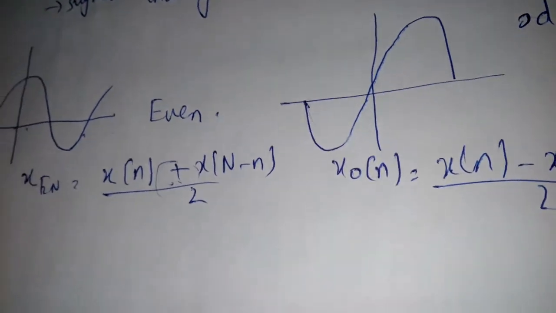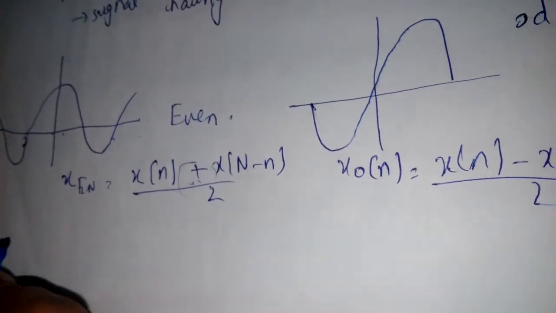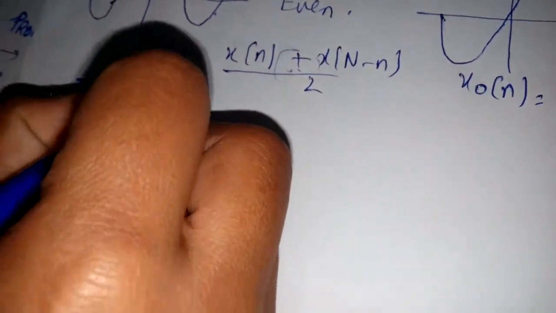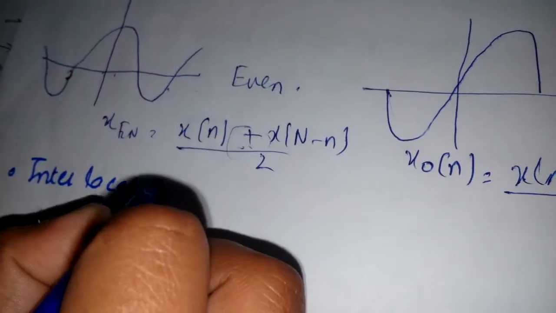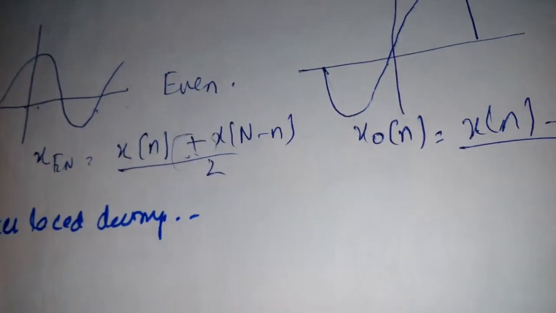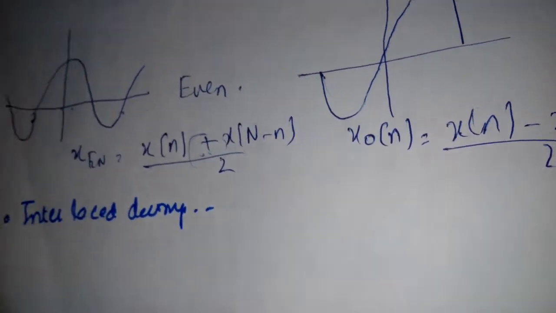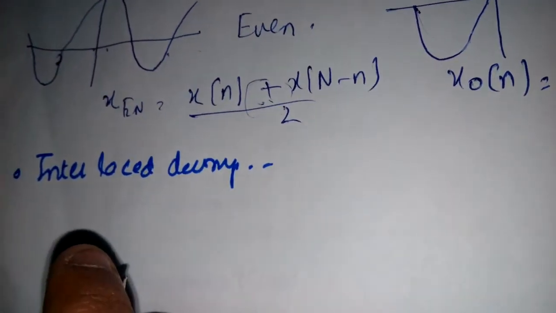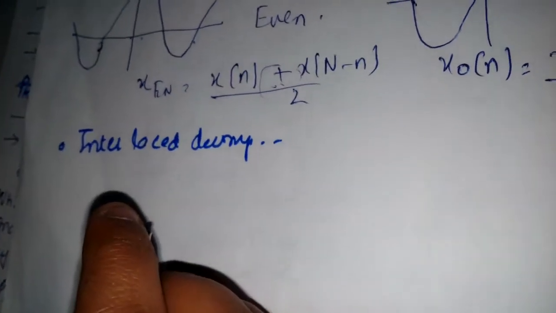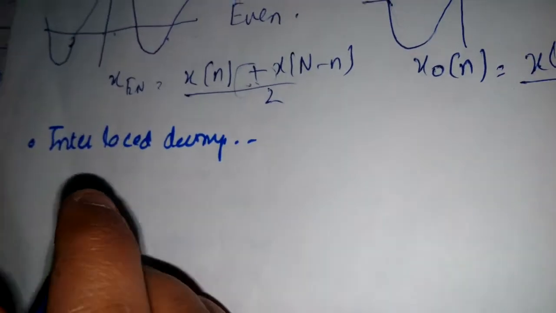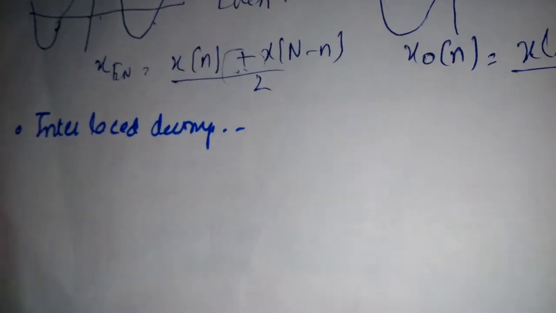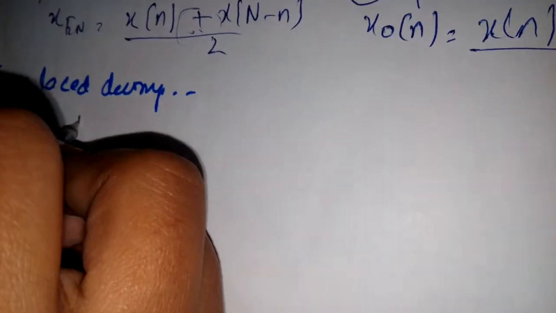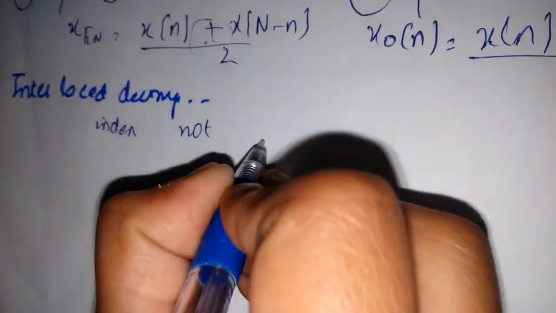Then next is interlaced decomposition. It breaks the signal into two components, the even sample and the odd sample. To find the even sample, start with the original signal and set all of the odd number samples to 0. Actually, in this decomposition, we look at the indexes, not the amplitudes.